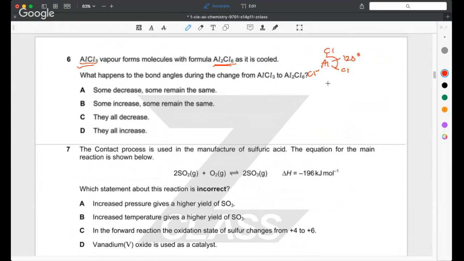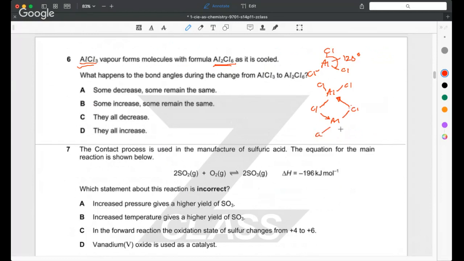And then when you draw the dimer, you have to draw a diagram like this. Because you've got these arrows here, which are coordinate or dative covalent bonds, which means that the 2 electrons in the bond both came from 1 atom originally. In this case, they're being donated by the chlorine atom.